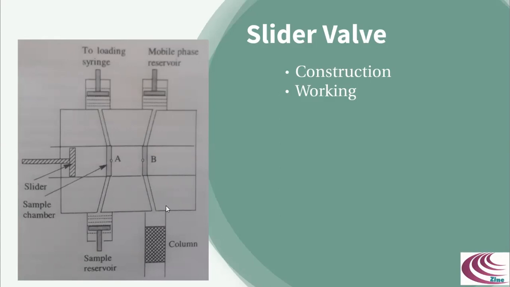The chamber for the mobile phase has a small aperture on its left side. This aperture is closed under normal conditions, but opens up only if the pressure is applied on it. The chamber A containing the sample solution can be pushed towards chamber B containing the mobile phase with the help of slider.